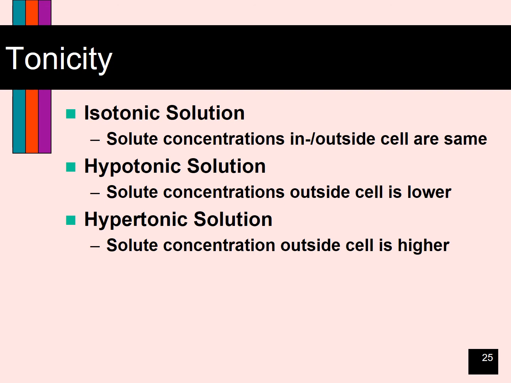Now, that's what's normal for animal cells, but what's normal for plants and also for bacteria is to be in a hypotonic solution. So in a hypotonic solution, the solute concentration outside the cell is lower, so the water concentration would be higher. So the water would be moving into the cell, down its concentration gradient.